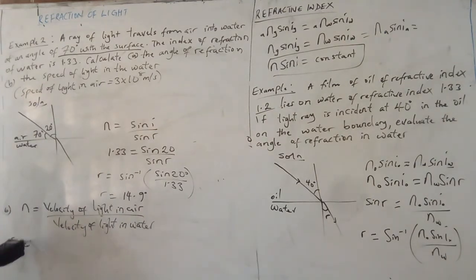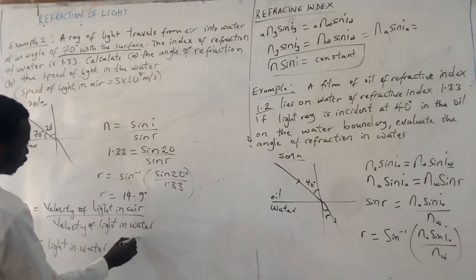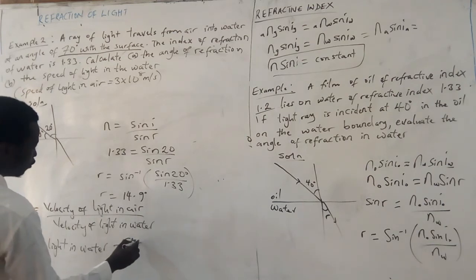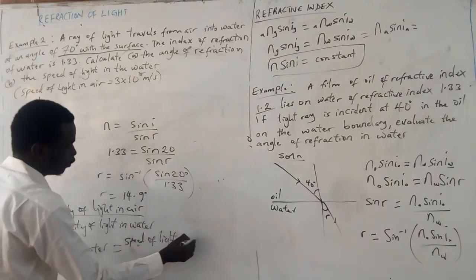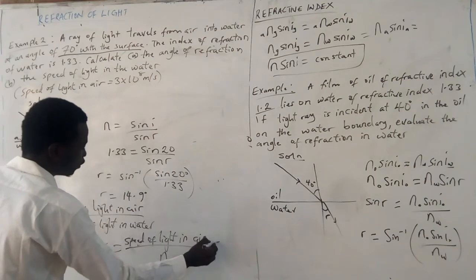So speed of light in water is equal to speed of light in air over the refractive index.